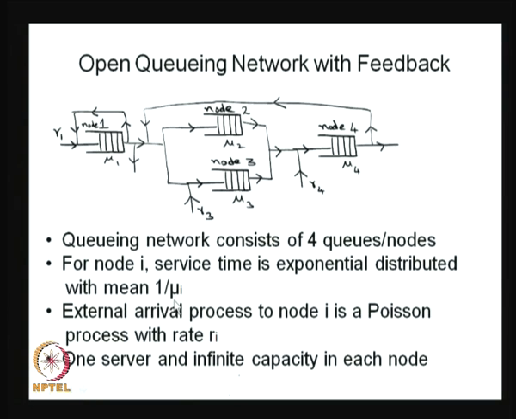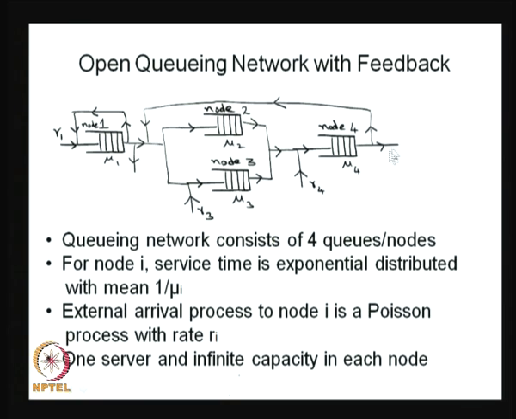Now, I am moving into the open queuing network with feedback. I am giving one simple scenario of a 4-node queuing network with feedback.